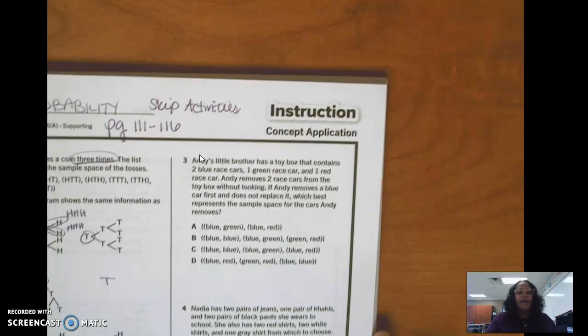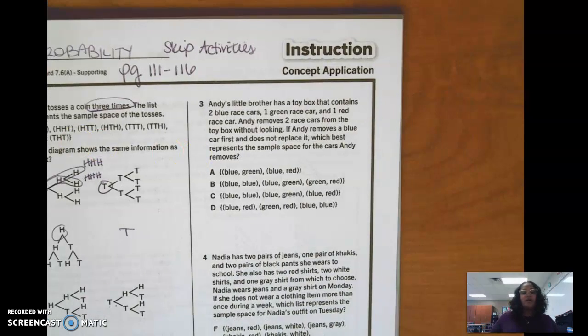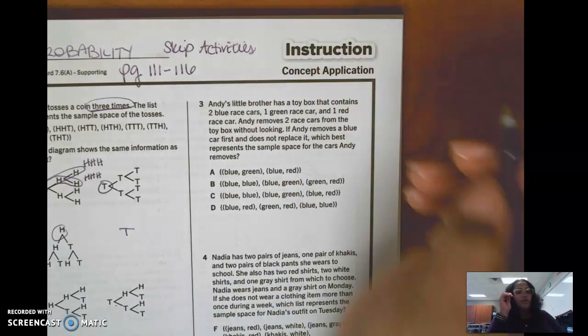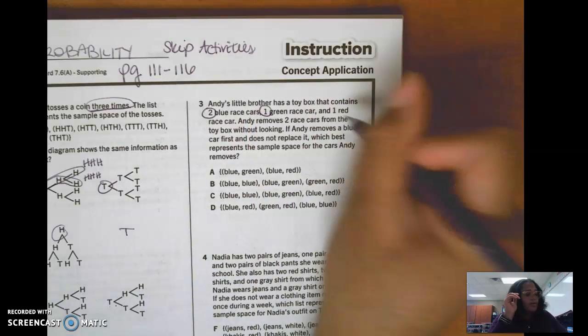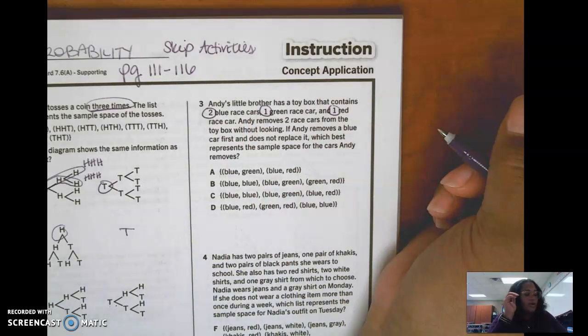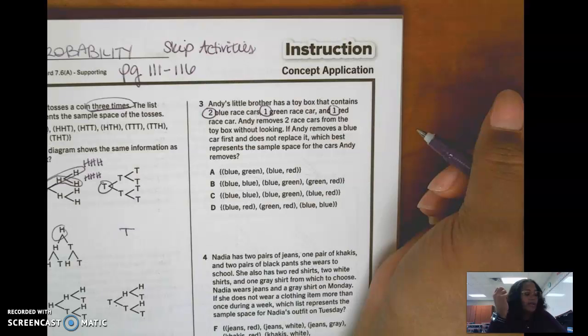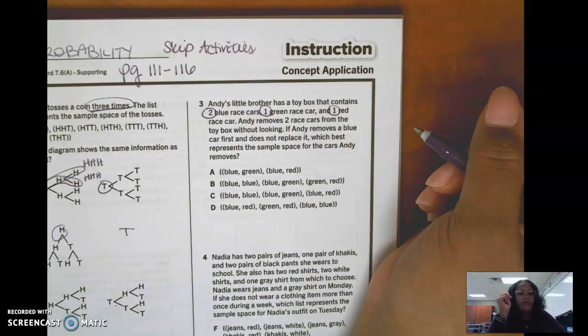Number 3, Andy's little brother has a toy box that contains 2 blue race cars, 1 green race car, and 1 red race car. Andy removes 2 race cars from the toy box without looking. If Andy removes a blue car first and does not replace it, which best represents the sample space for the cars Andy removes?